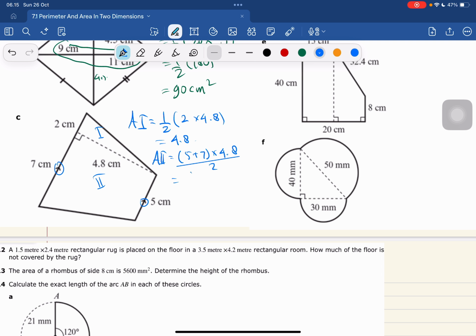So this is gonna be 6 times 4.8, because 12 divided by 2 is 6. So the second area is 28.8. So first area added to the second area is gonna be 4.8 plus 28.8. So this will give us the answer of 33.6 centimeters square.